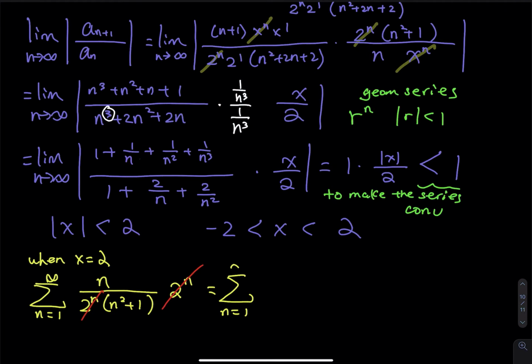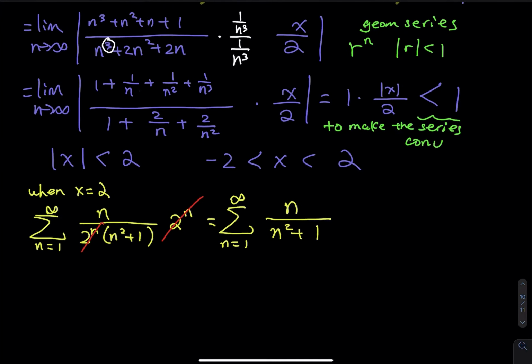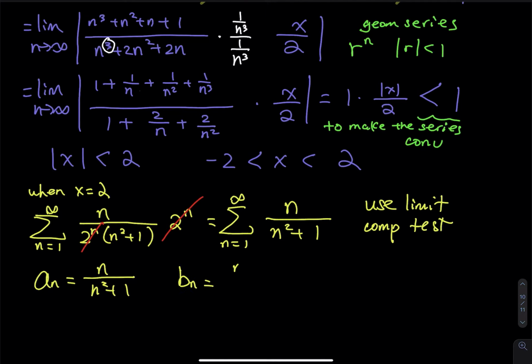The sum from n equals 1 to infinity of n divided by n squared plus 1. How do we do this one? We have to use the limit comparison test. So an equals n divided by n squared plus 1, and bn equals n divided by n squared, no plus 1, because when n is so big, the plus 1 makes no difference.